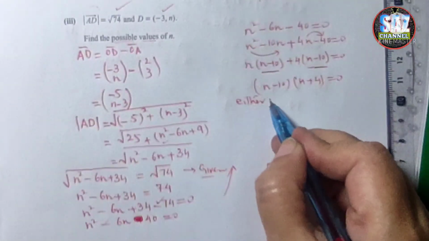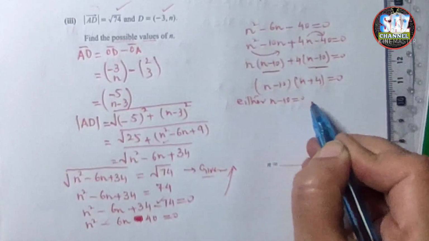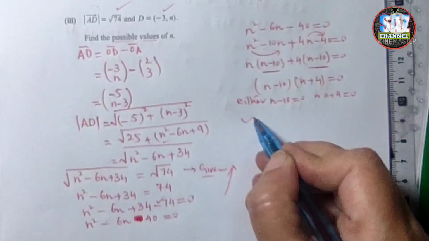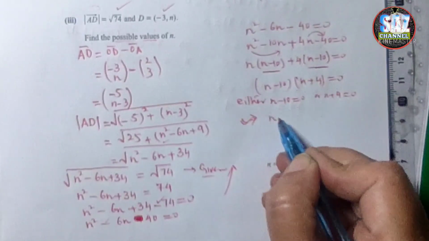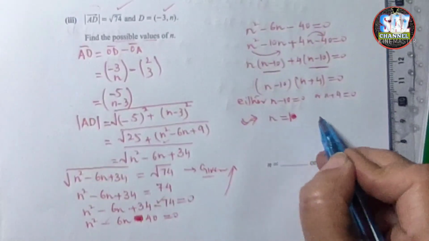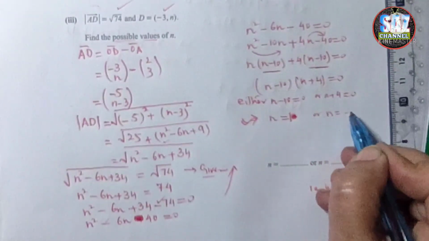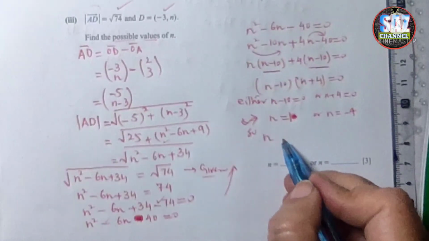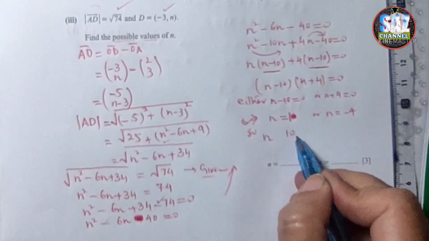Either n minus 10 equals 0 or n plus 4 equals 0. This gives n equals 10, or n equals -4. So the possible values of n are 10 and -4.